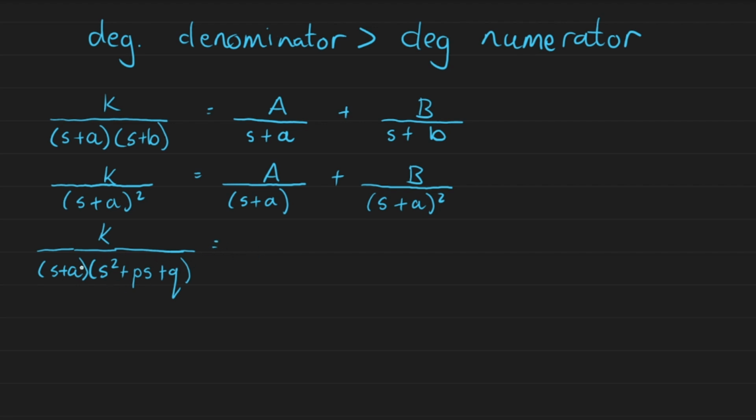So what this would look like is that we would have this s plus a associated with this coefficient, capital letter A. Now we will have this quadratic term s squared plus ps plus q in the denominator of the second term, but in the numerator, instead of having just a single coefficient like A, we'll have Bs plus C. So this B and this C are both constants like that.